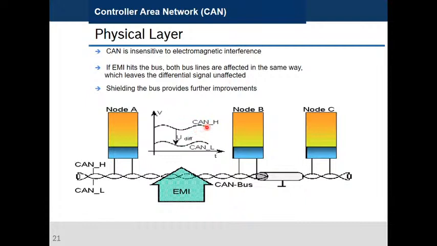There will be no problem. If you see here, this is the CAN bus, with CAN high and CAN low. Each ECU node has two lines, CAN high and CAN low. Similar things. If you shield the bus, it gives more improvement against EMI hits.